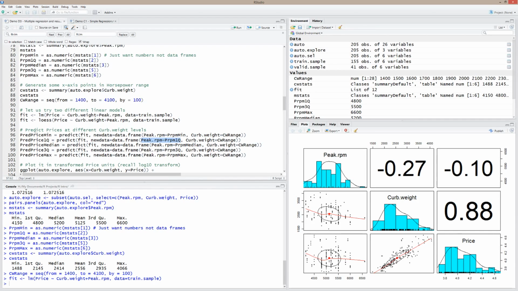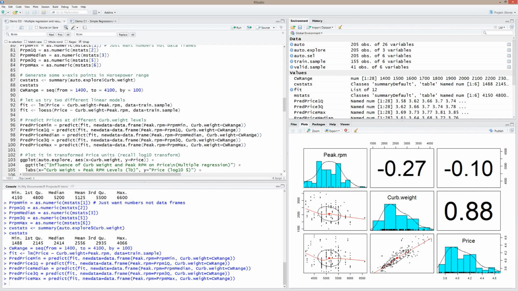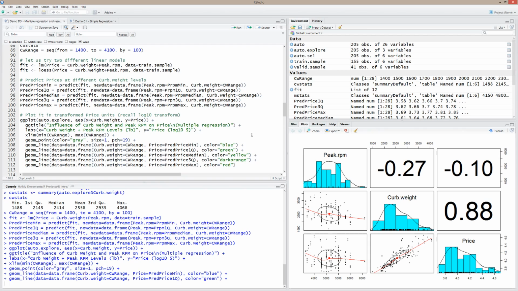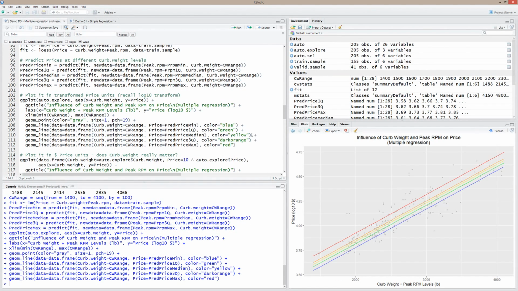So I'm trying to predict the price, and I'm going to use the other 2 variables for that prediction, creating a new vector for each of those specific values of peak RPM. Now let's plot all of them. So I'm plotting 5 lines against a range of data points in the data.